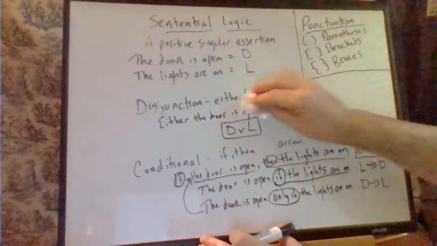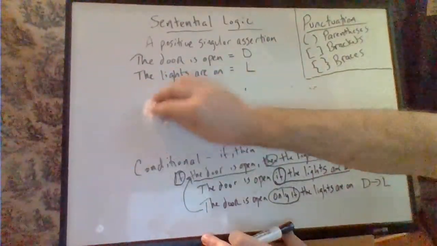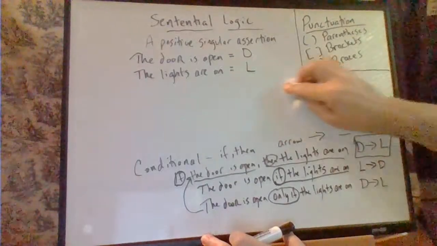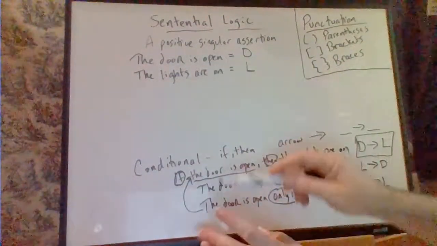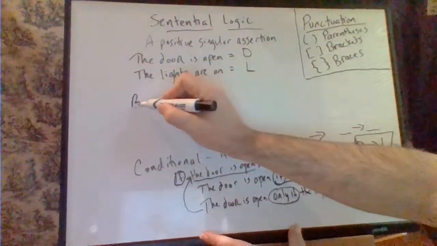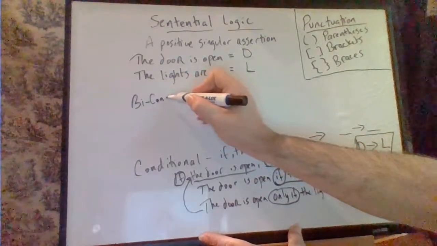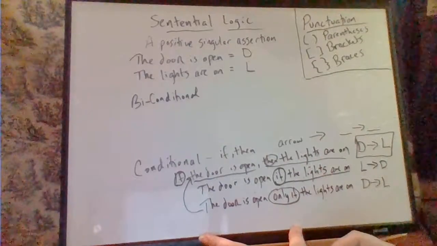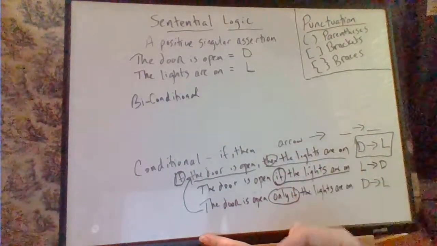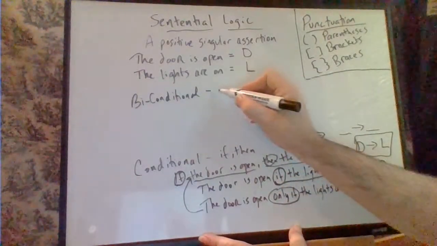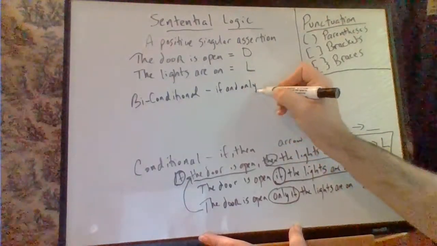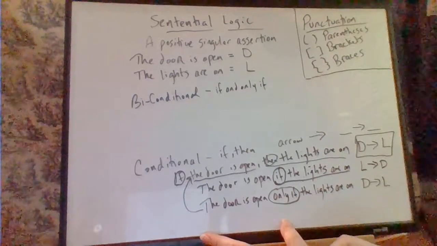The fifth symbol, which I don't think your book actually introduces to you, but it probably should have, is what we call a biconditional. A biconditional is a conditional statement that works both directions. And so you would see if and only if would be your key phrase.